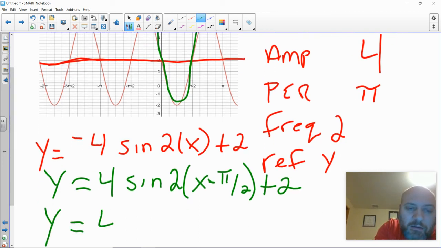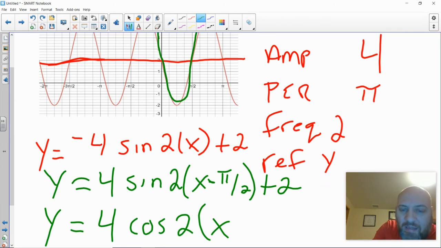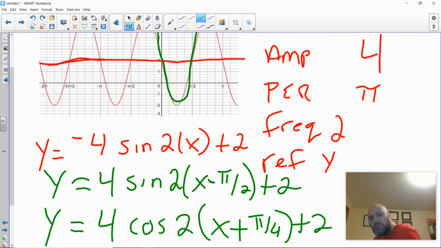It's not reflected. So I'm taking into account the horizontal shift to the left of pi over 4. And that is another solution. So any of those three equations would work out as a correct solution.